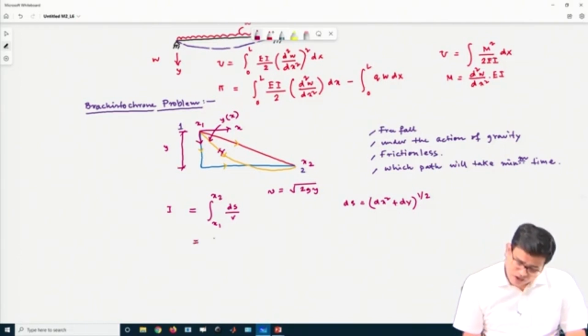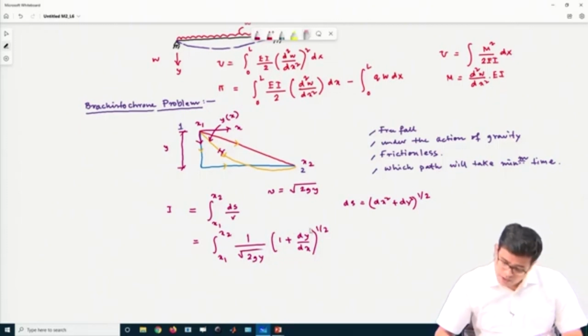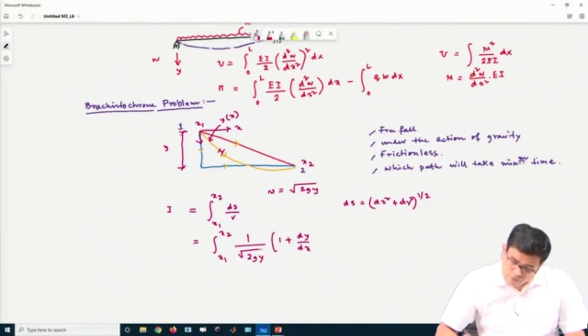Now if I simplify this, I can take dx common and write it as root over 2gy, and then 1 plus dy by dx whole square, to the power half, and then I take dx out.